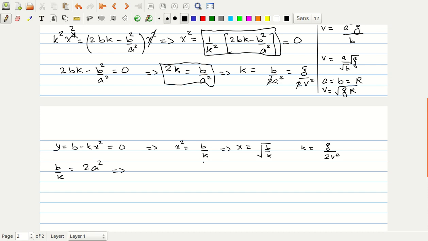So this implies that x is equal to square root of b by k, which is going to be root 2 times a. So this is the range if it's an ellipsoid. If it's a hemisphere, then a is equal to b is equal to r, and you will get x is equal to square root 2 times r, and we are done.